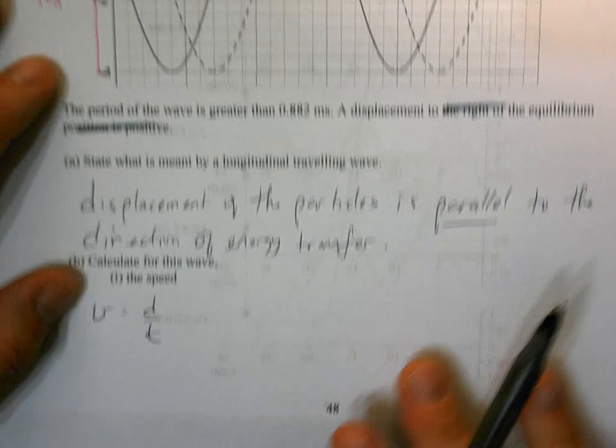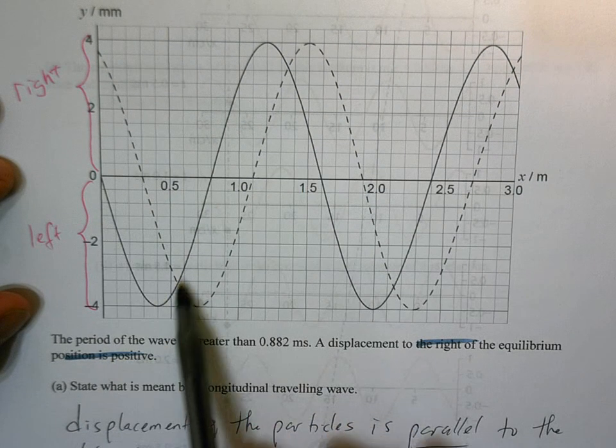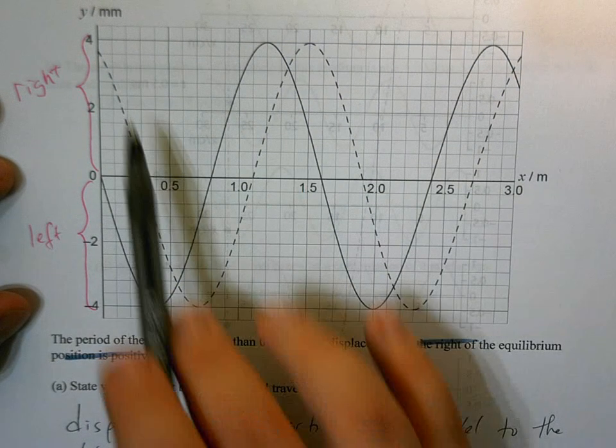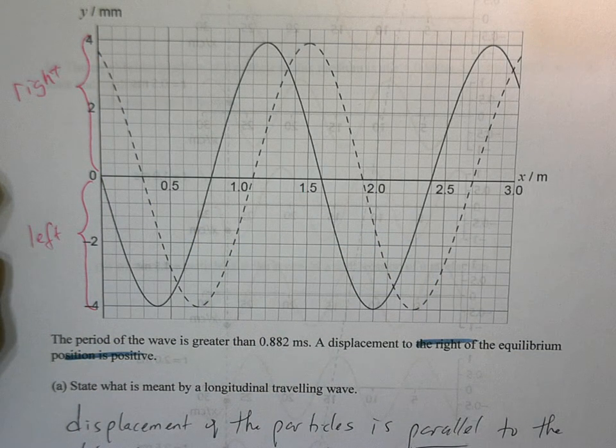What we've been told in the question is that this solid line represents t equals 0, and this dashed line represents the wave at a time of 0.882 milliseconds later. What we can do is find the distance the wave has traveled in 0.882 milliseconds.